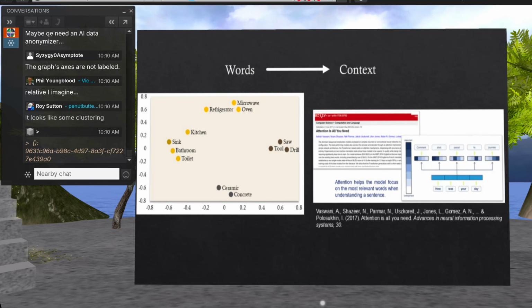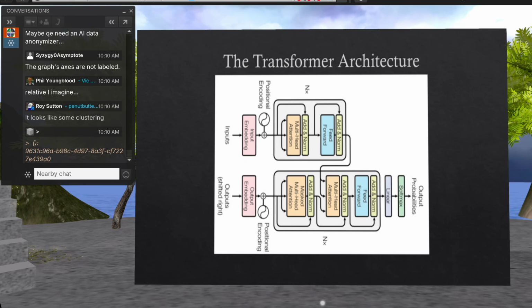We did have models that were capable of dealing with sequential data, but they didn't do it as well as models that exist today because of this paper. So this paper introduced the transformer model, which looks like this. A transformer model basically takes an input sentence and identifies the words in the sentence in a certain sequence.